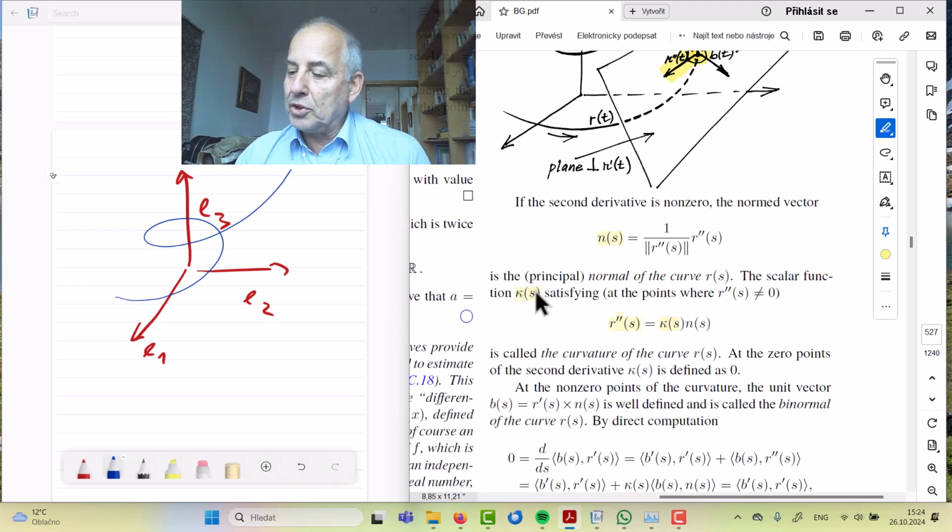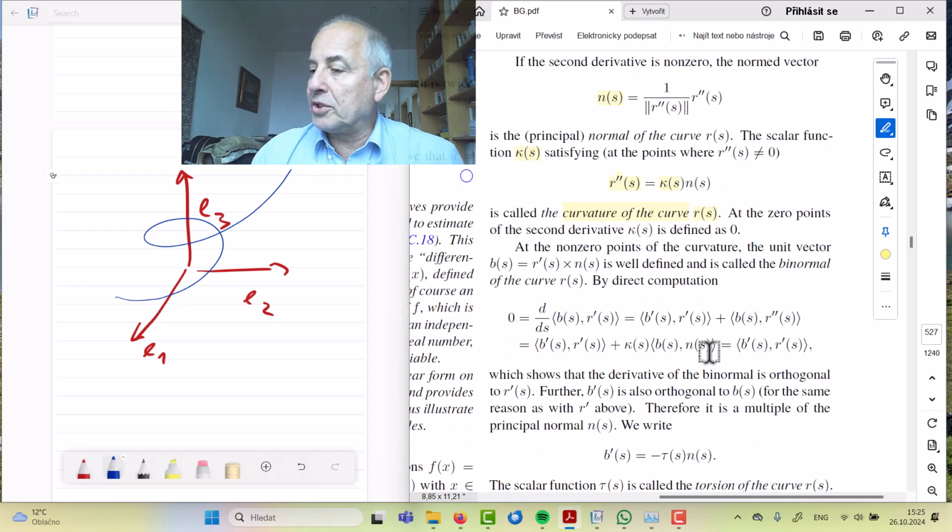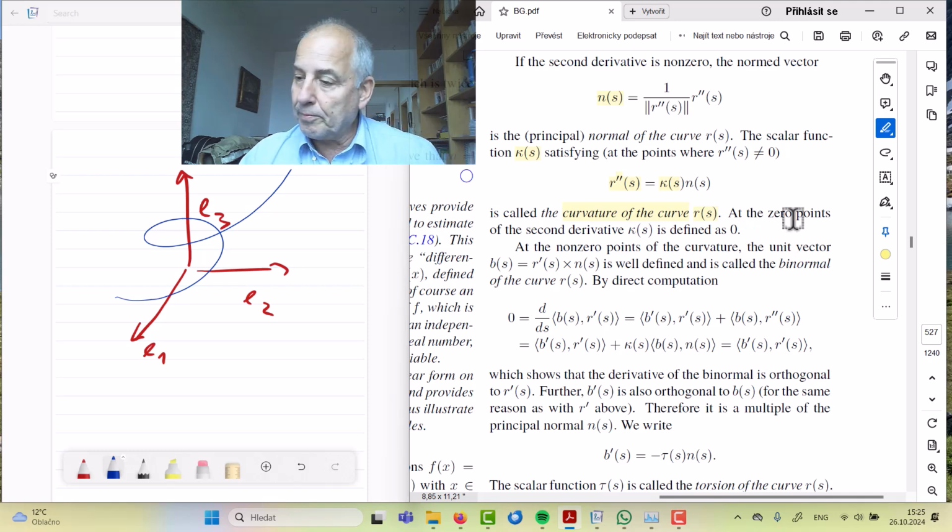So that's the curvature of our curve r(s). Right. And if the second derivative is 0, then we say that the curvature is 0.